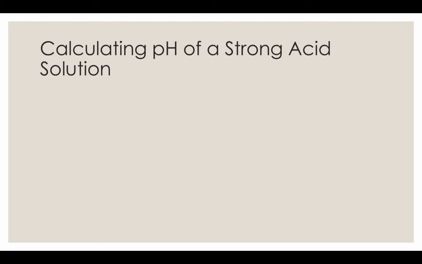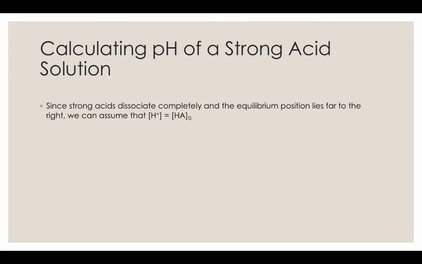Calculating pH of a strong acid or a strong base is quite simple. Since strong acids dissociate completely and the equilibrium position lies so far to the right, we can assume that the H+ concentration will be equal to the initial acid concentration, since all of the initial acid has dissociated into H+ and A-.